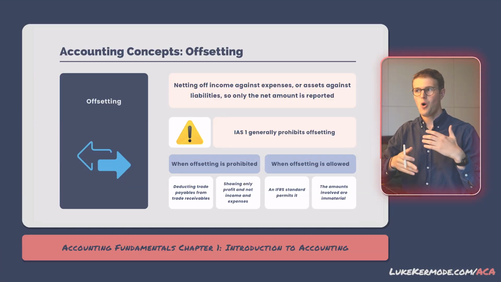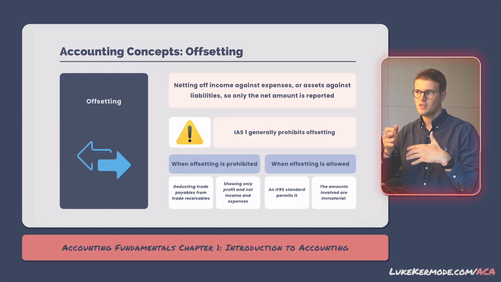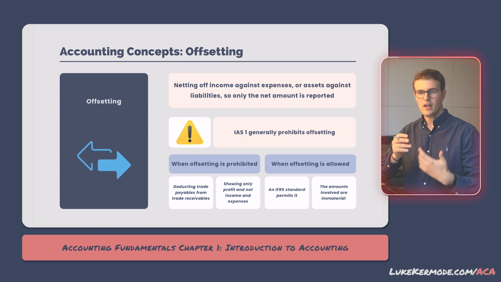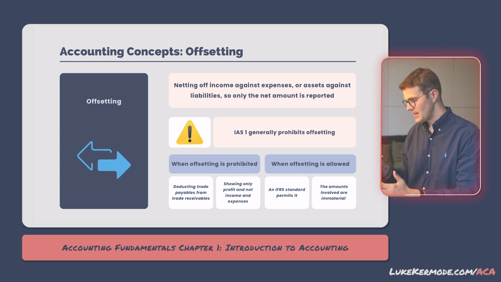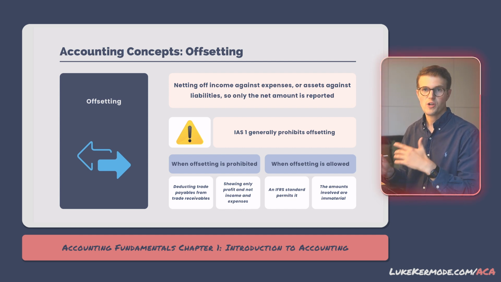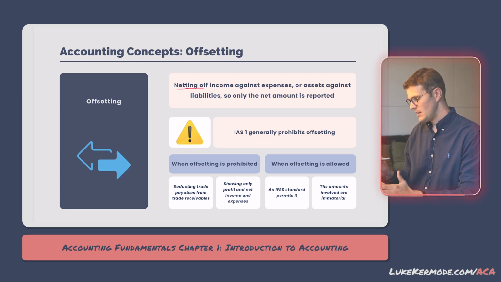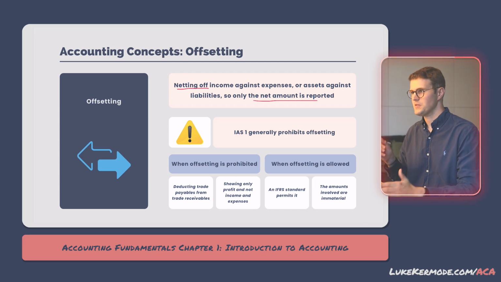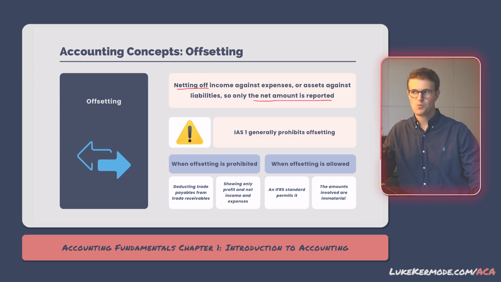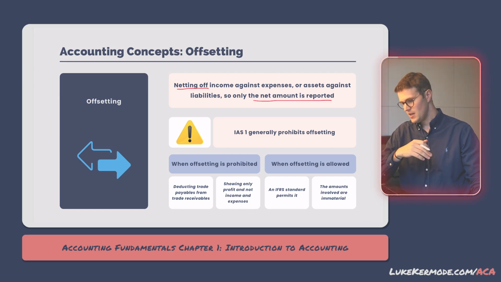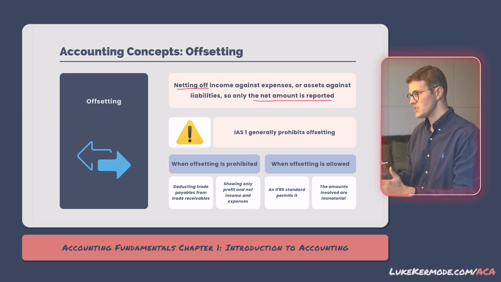Next, let's look at the principle of offsetting. Offsetting means deducting one amount from another. For example, deducting liabilities from assets or expenses from income to show only the net amount in the financial statements. Under IAS 1, offsetting is generally not allowed because financial statements need to be clear, transparent, and easy to understand.